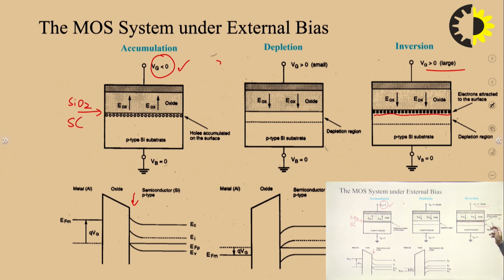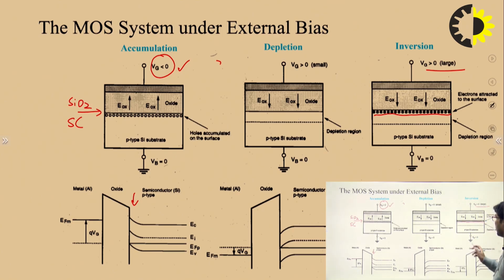So a thin layer of electrons will be generated at the interface, and this layer is totally inverted with respect to the p-type semiconductor. This layer is known as the inversion layer, and it will be treated as a channel between source and drain. So this is nothing but the inversion layer, also known as the channel in the case of the MOS structure between drain and source.